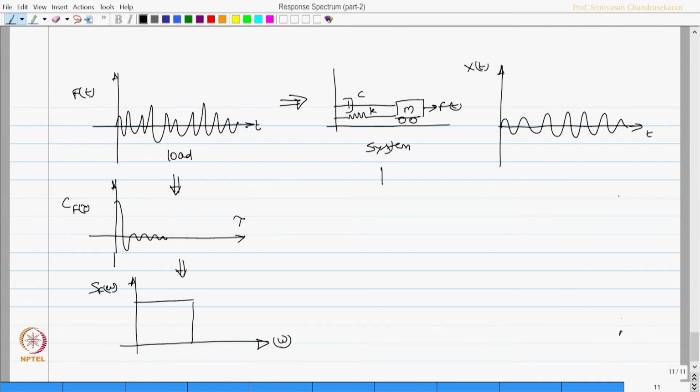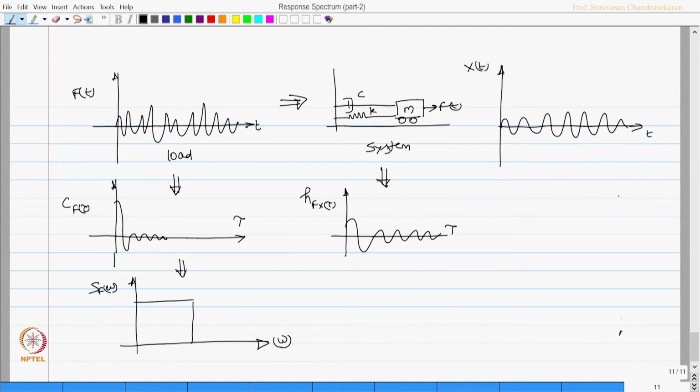The system has a property which is the transfer function, which can be this way and this can be hfx tau.